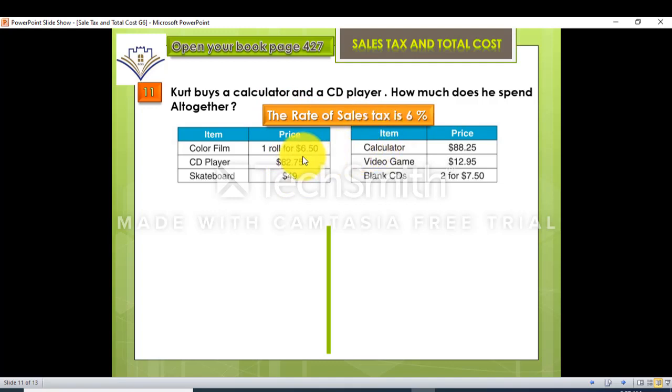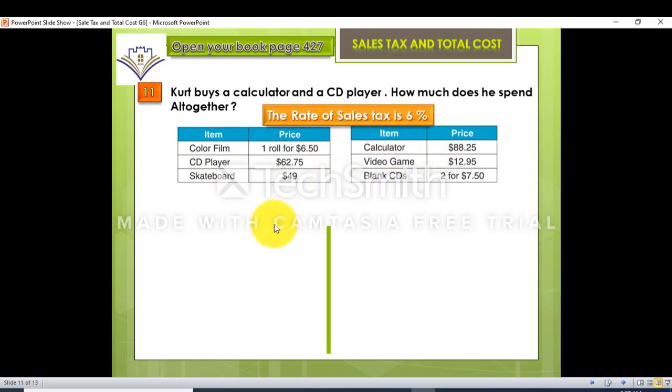Firstly, we need to calculate the sales tax 6% for the first and for the second.